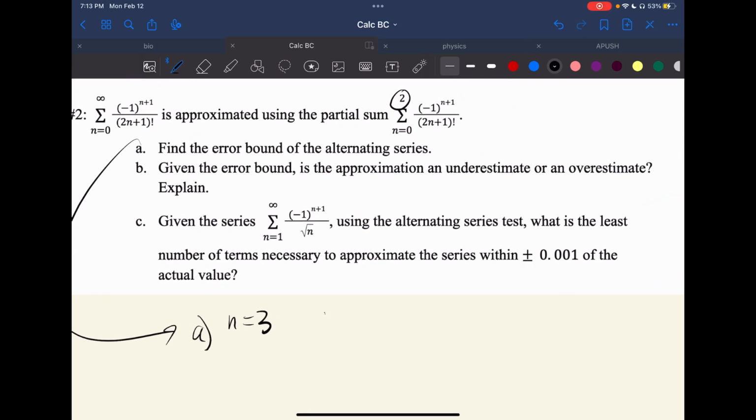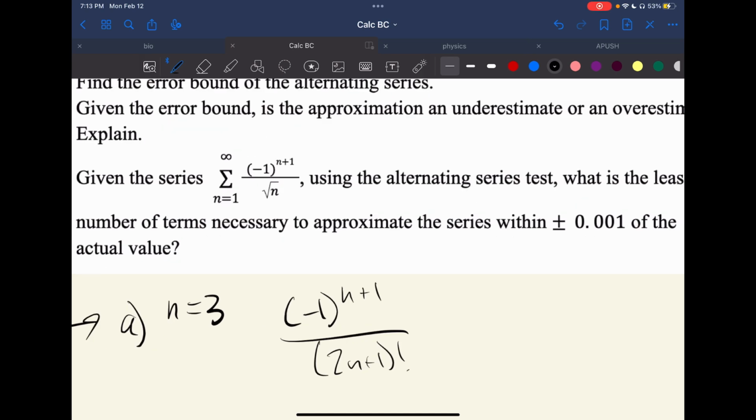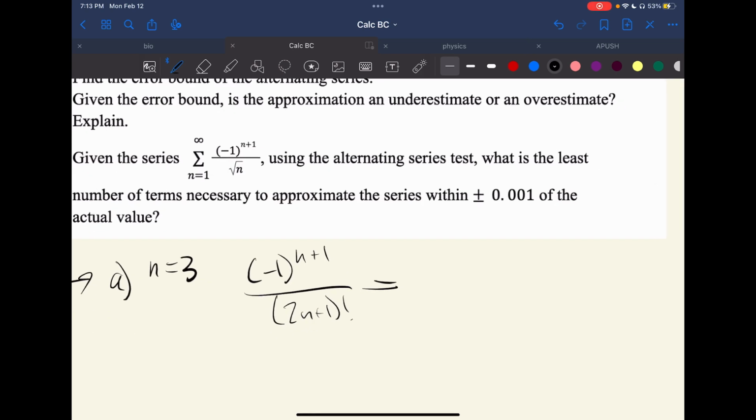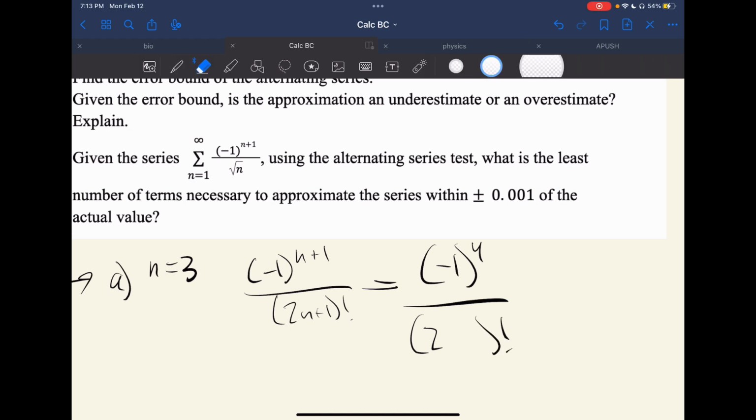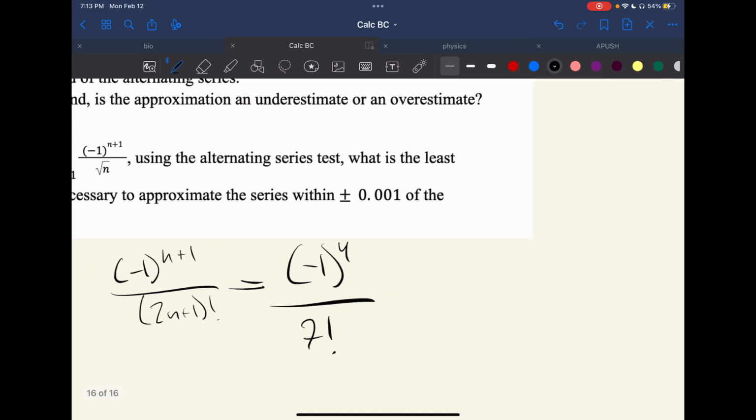So if we plug in negative 1 to the n plus 1 all over 2n plus 1 factorial, here we're going to get negative 1 to the 4 over 7 factorial, okay?